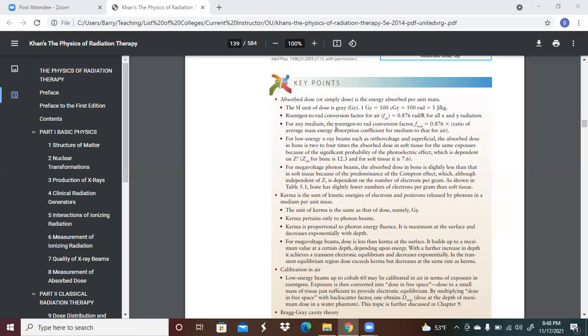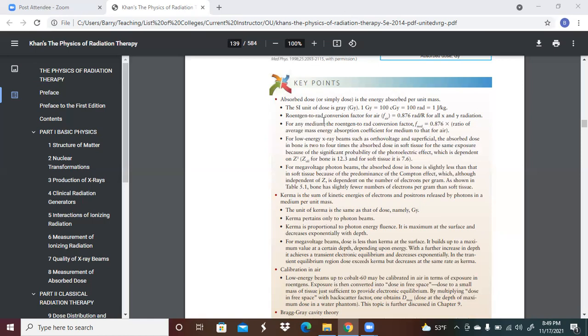So how do we convert from roentgens, which is exposure, into the other units? We have a way to do that for roentgen to rad, and that conversion factor for air, F sub air, is equal to 0.876 rad per roentgen for all X-ray and gamma radiation.